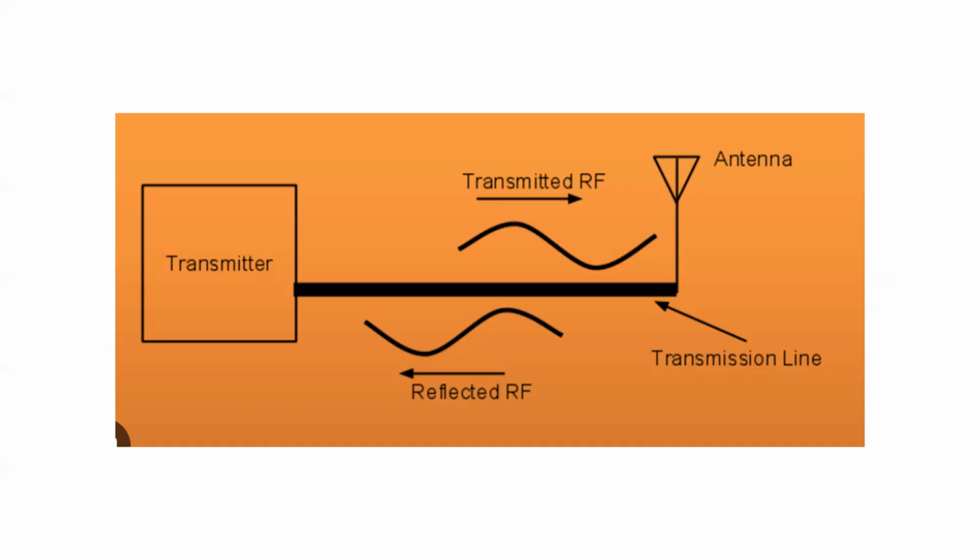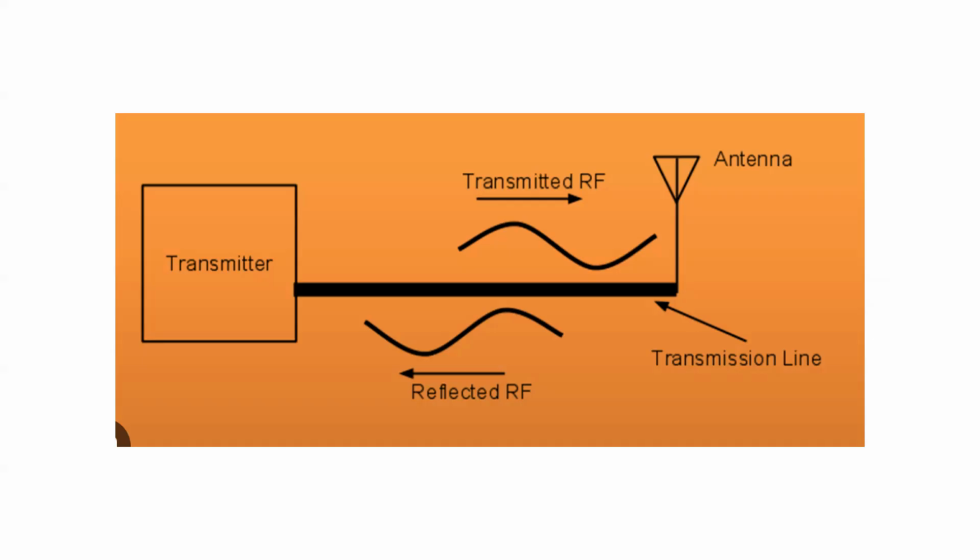If there's a mismatch between the antenna and the transmission line, there'll be reflected RF going back down the line. And it turns out that the transmitted and the reflected on the line add together and create standing waves.